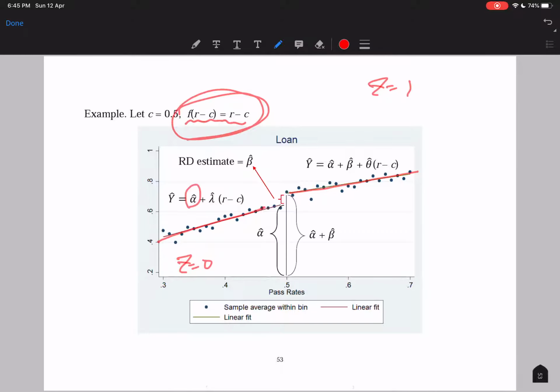Alpha hat is the estimated intercept below the cutoff. Alpha hat plus beta hat is the estimated intercept above the cutoff. Therefore, beta hat is the difference of the intercepts from above the cutoff and below the cutoff.